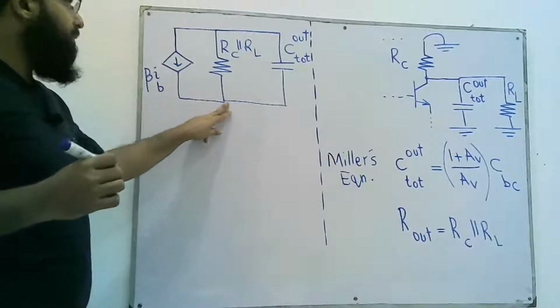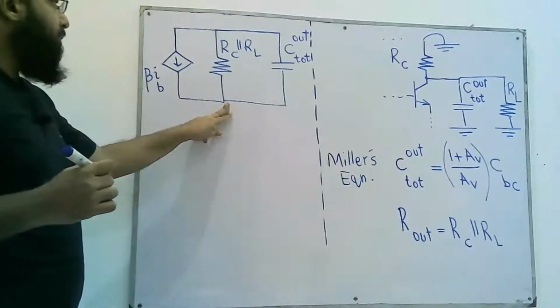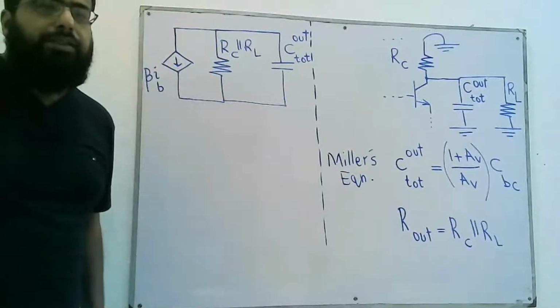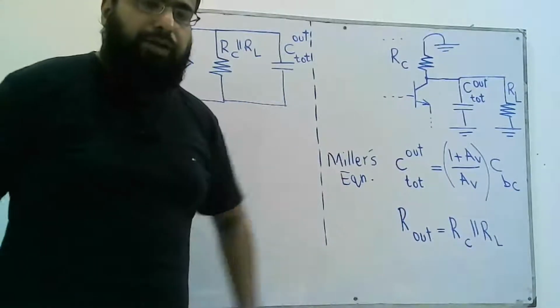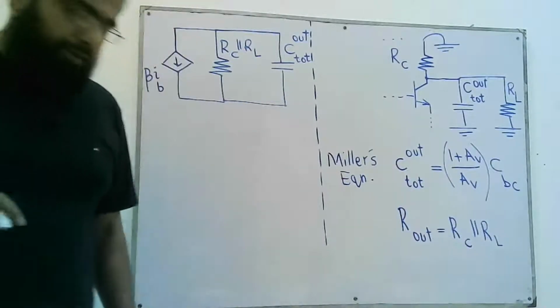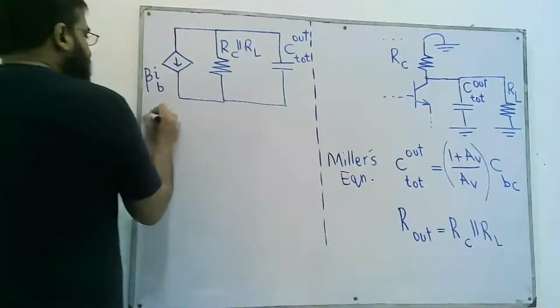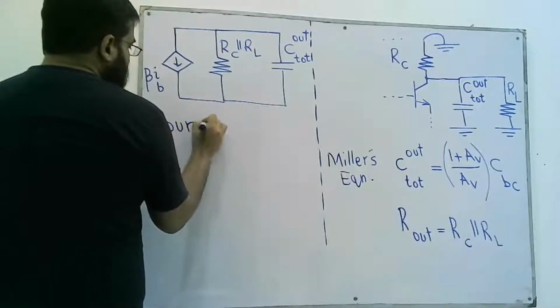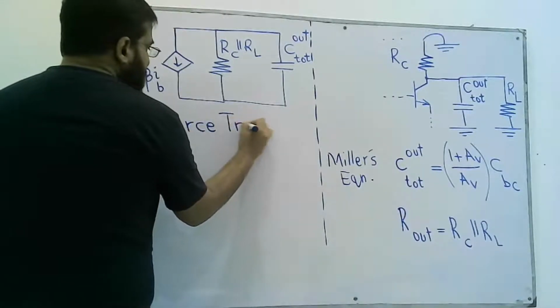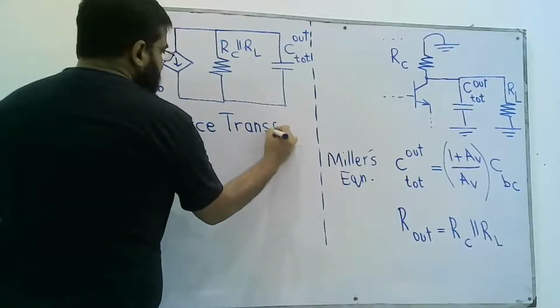Right, now we have this circuit and we have to convert it into a series RC circuit so that we can find out the cutoff frequency. For that, we'll apply the famous source transformation technique.